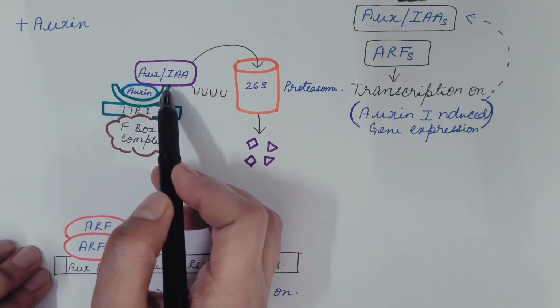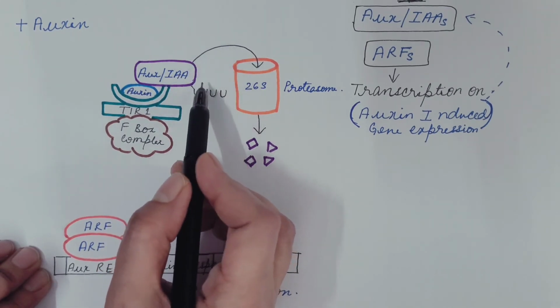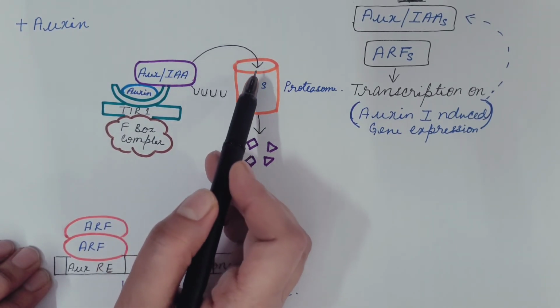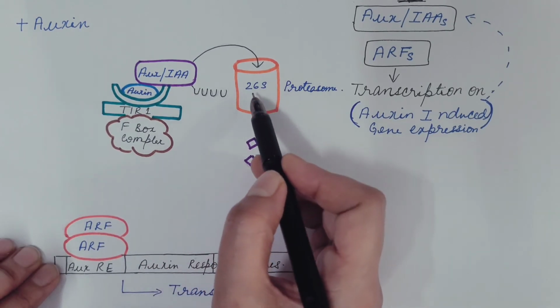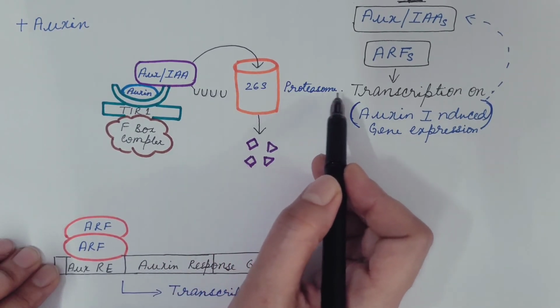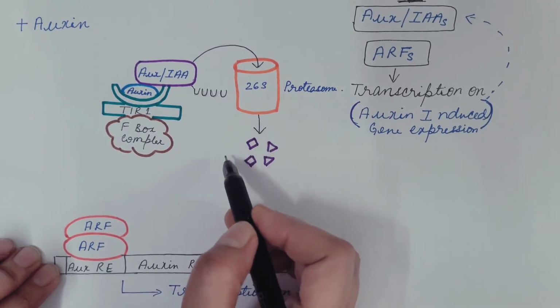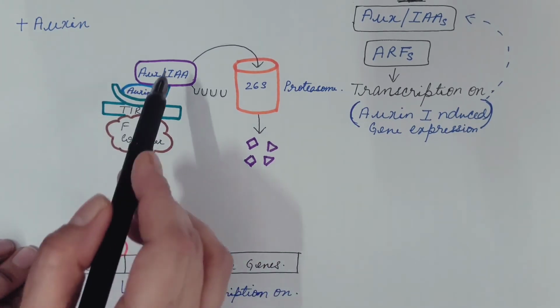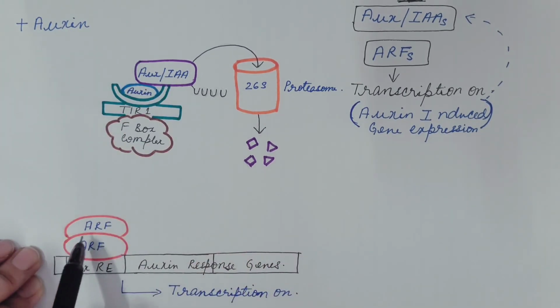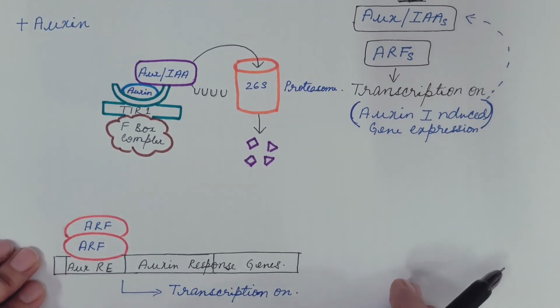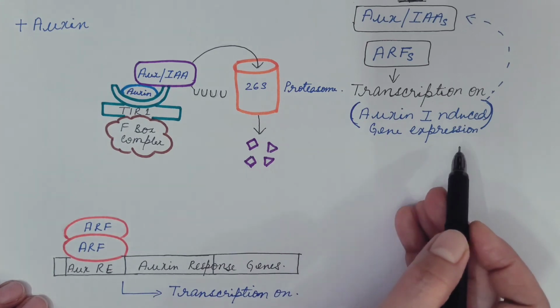Then this inhibitor, which is tagged with polyubiquitin, undergoes proteolysis by the 26S proteasome and hence it is degraded. In the absence of this inhibitor, ARF is free. It forms a homodimer and then results in the transcription of auxin response genes. We say that transcription is on. There is auxin-induced gene expression.